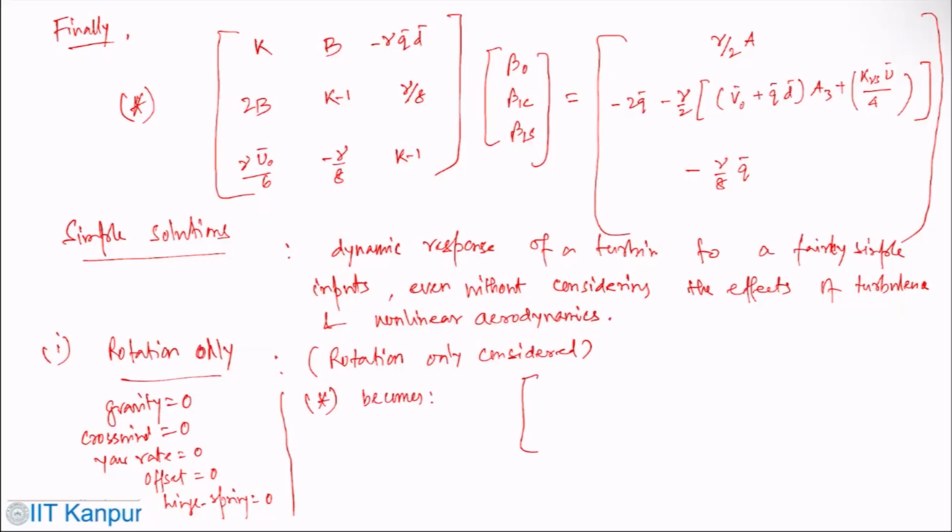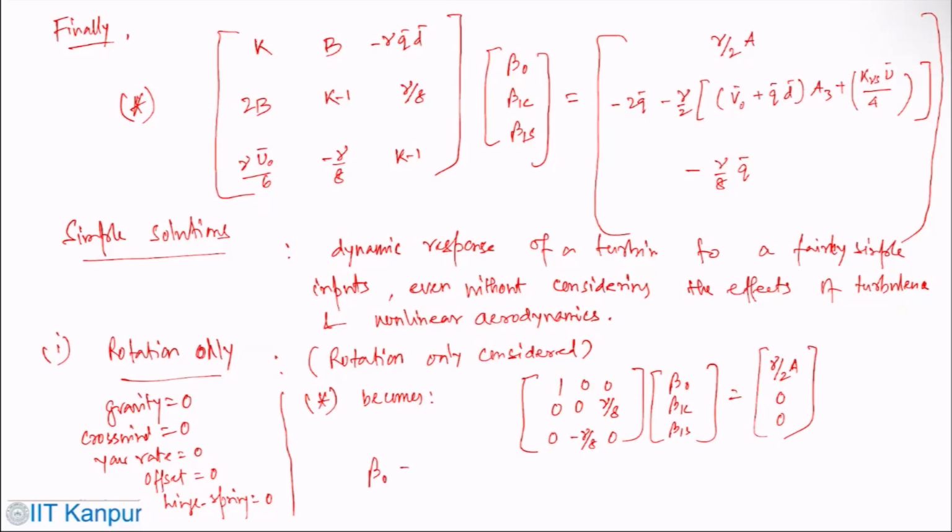only 1 0 0, 0 0 gamma by 8, 0 minus gamma by 8 0, beta naught, gamma by 2a 0 0. The solution to this is pretty straightforward.